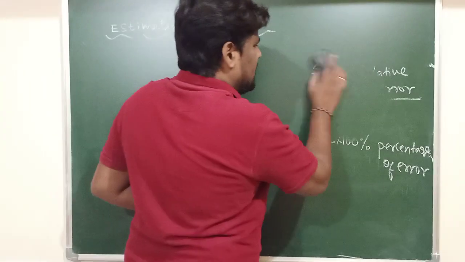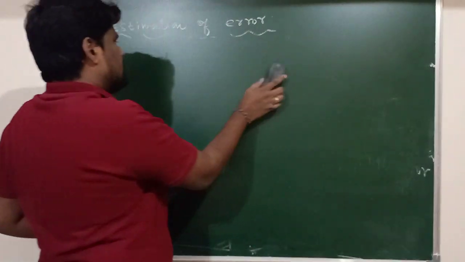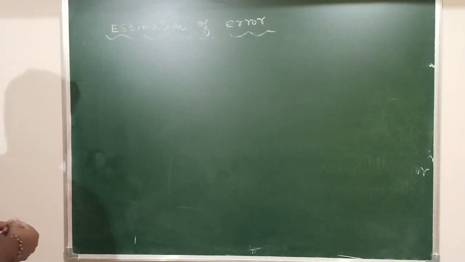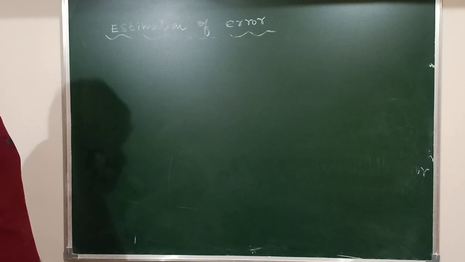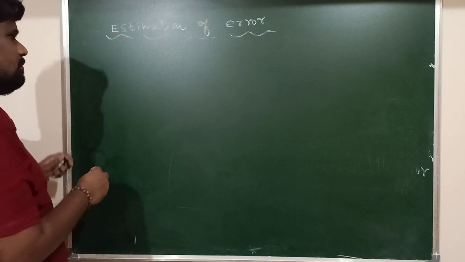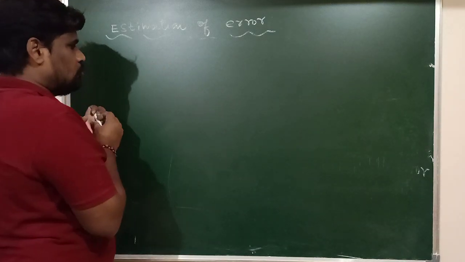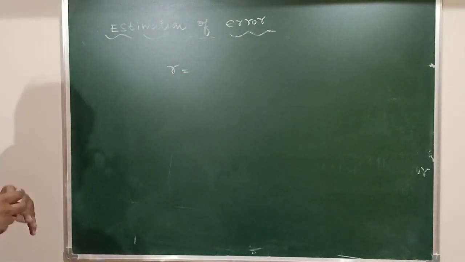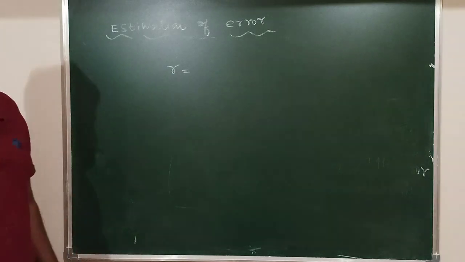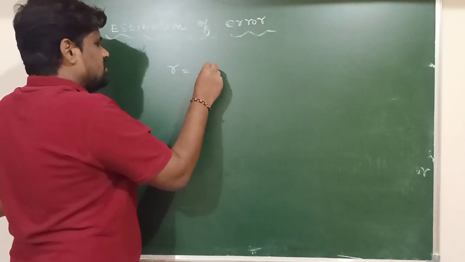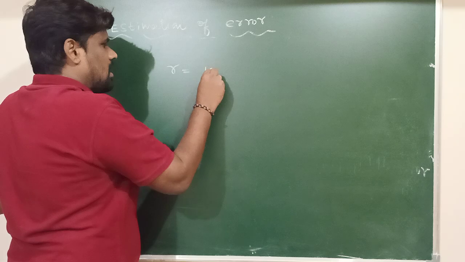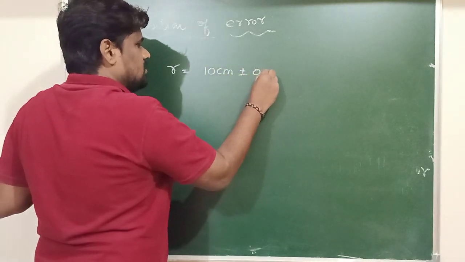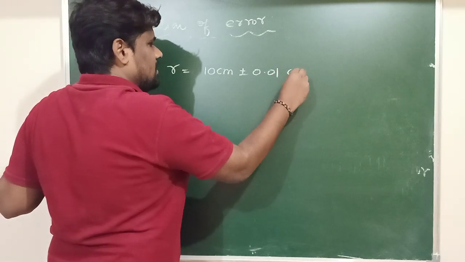Let me take one simple example here. Say the radius of a sphere is measured with the help of some measuring instrument, and the answer is found to be r equals 10 centimeter plus or minus 0.01 centimeter.